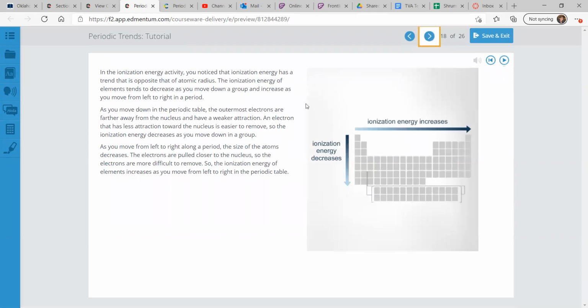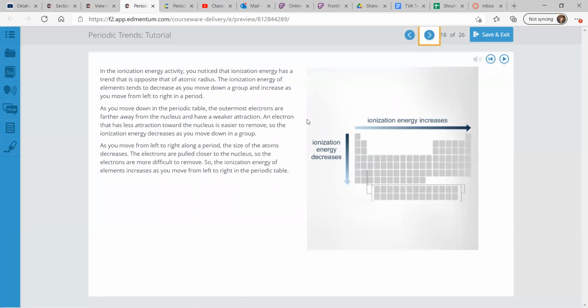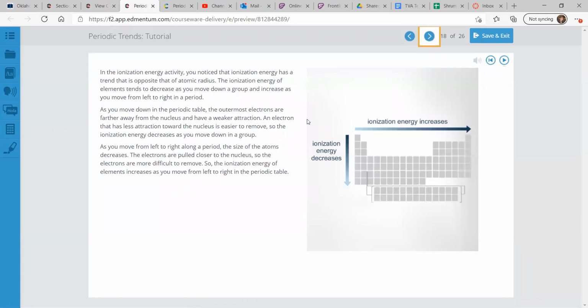So the first ionization energy increases as you move from left to right. And this page explains what we just said in that last question. As you move down a group, ionization energy decreases. Ionization energy increases as you move across a period. As you move down in the periodic table, the outermost electrons are farther away from the nucleus and have a weaker attraction. An element that has less attraction toward the nucleus is easier to remove.